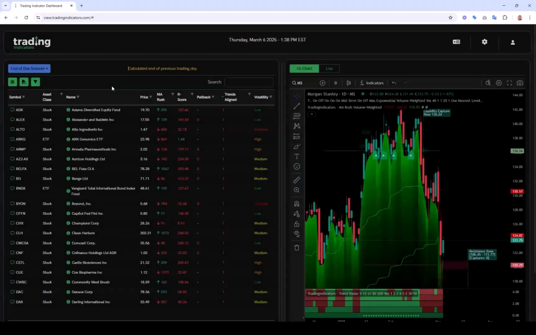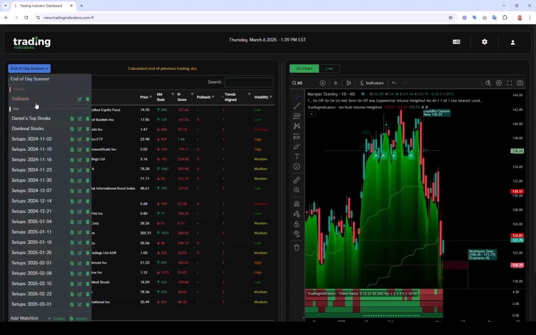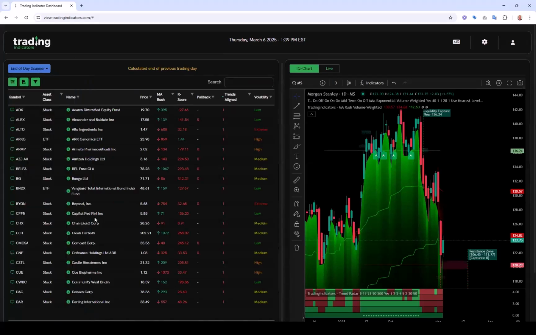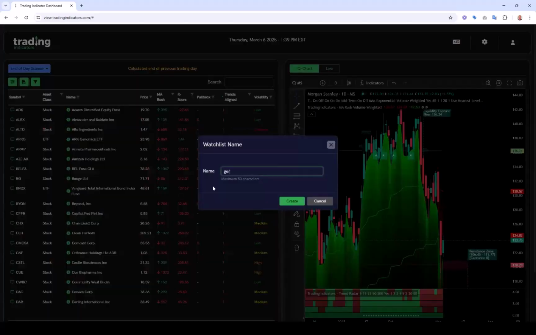Well, one thing I didn't tell you yet is you can also add multiple symbols to a watch list. So let's say maybe you want to create a watch list of only, let's say, German stocks. What can you do? Well, for example, you can create yet another watch list. Click create here. German stocks.